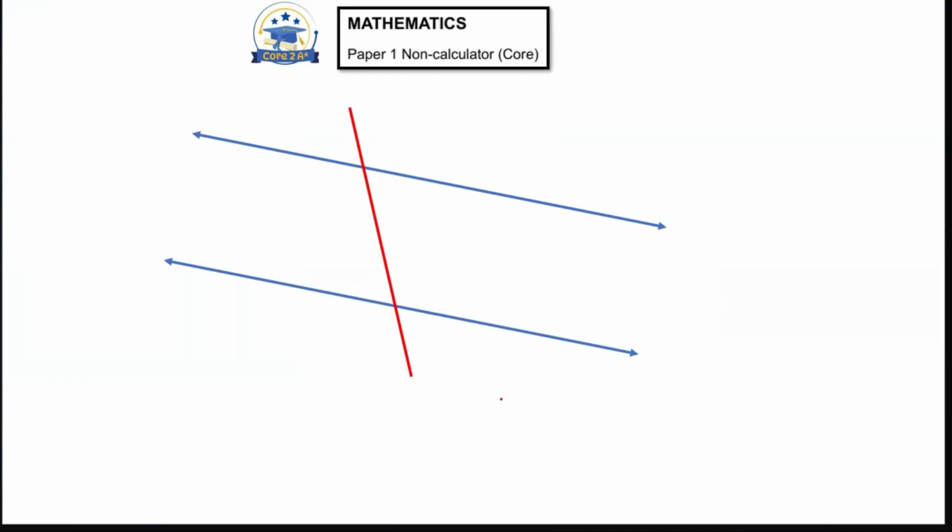Red color is why it's a cut line, and green lines represent the parallel lines. Okay, so alternate angles are what? This and that. Okay, this and that would be equal.